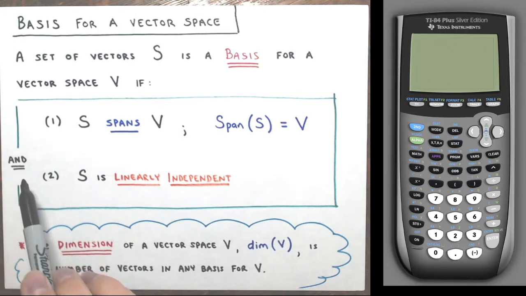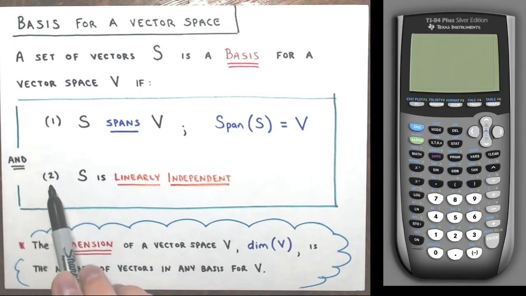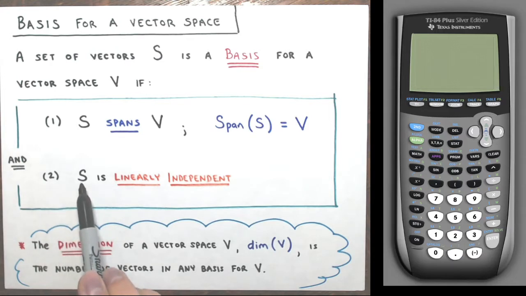And also, in order to be a basis, you must show that the set of vectors S is linearly independent.